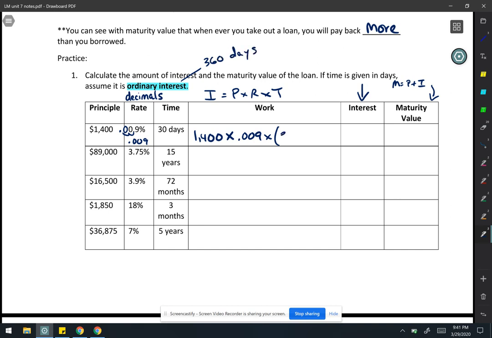When we use our days formula, it's 30 over 360 in parentheses. Put that in our calculator. Interest is going to be $1.05. And then to find your maturity value, you simply go back and add your principal and your interest, and you get 1,401.05 for your answer. Why don't you try the rest on your own and then come back here and see how you did.